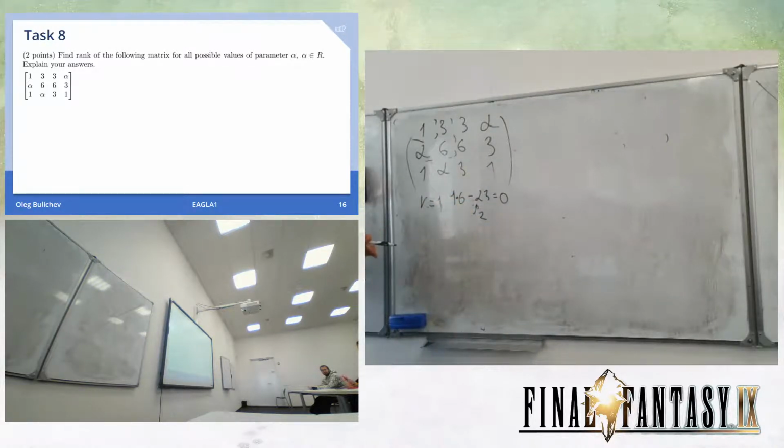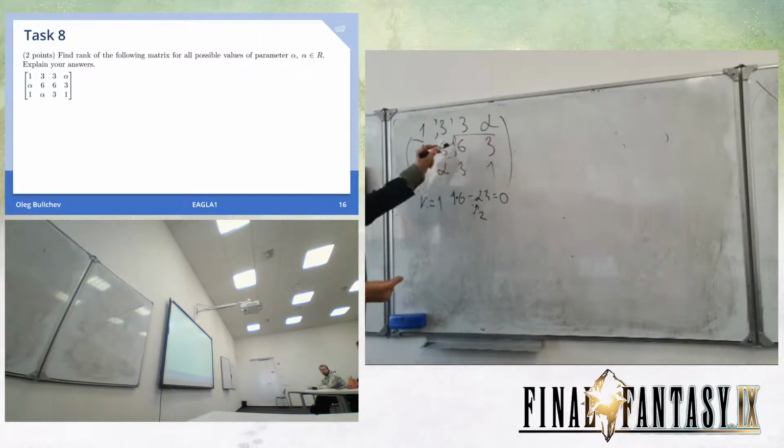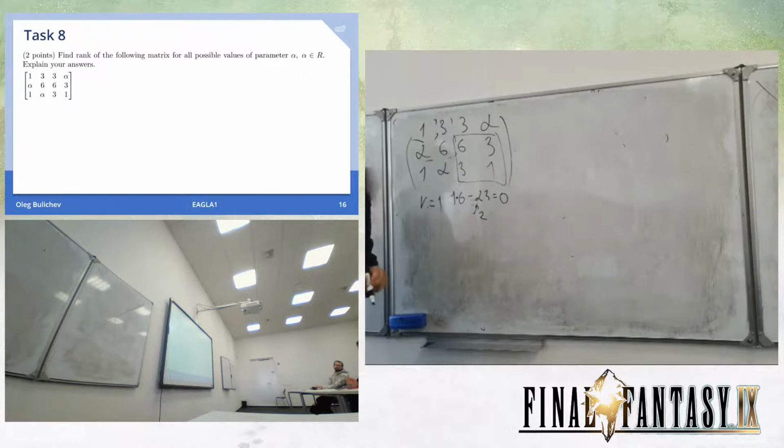So if alpha equals 2, the rank may be less than 2, but we need to check every possible minor. Actually, we can see that we have no alpha there, and it's not equal to 0, because 6 times 1 minus 3 times 3 equals minus 3. It means that we found at least one 2 by 2 nonzero minor. Rank equal to 2, at least.